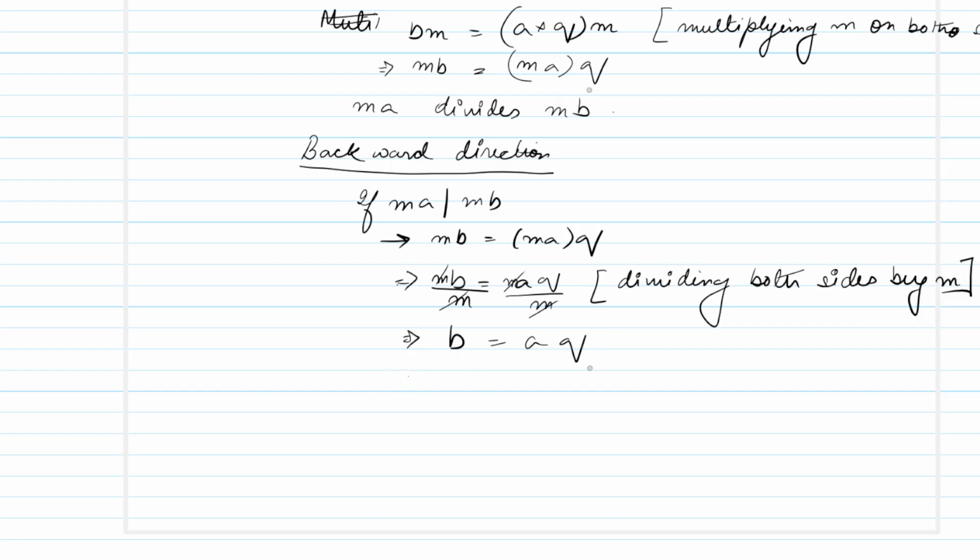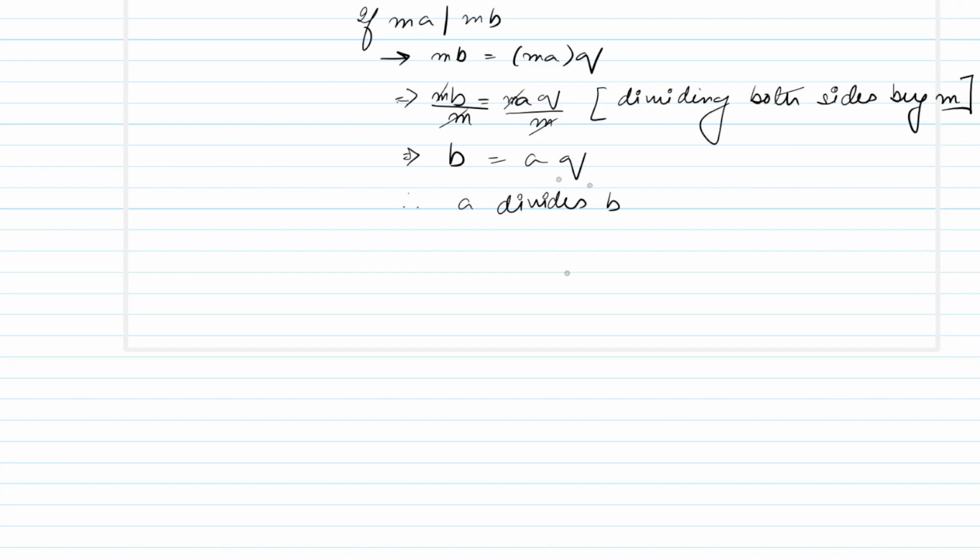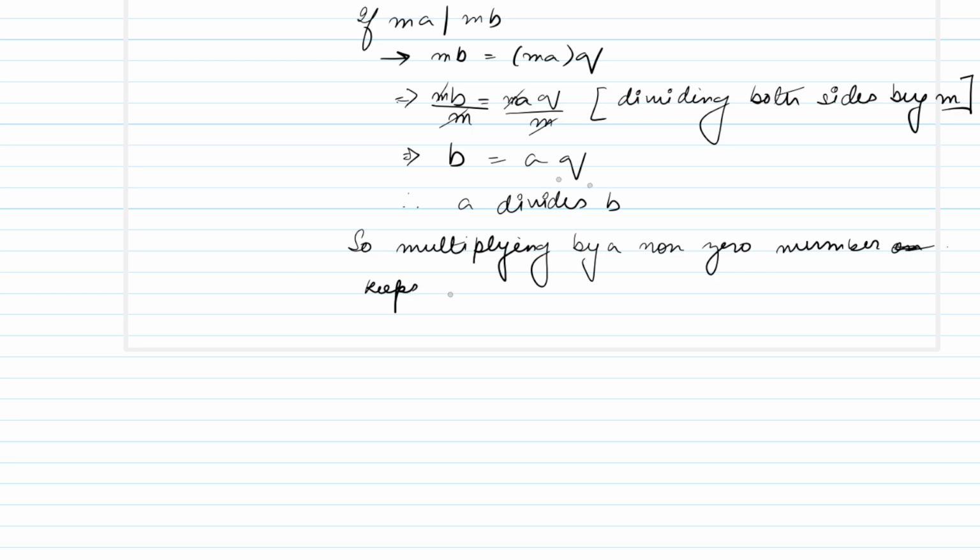Right. Therefore, A divides B. So multiplying by a non-zero number keeps divisibility true. Correct.